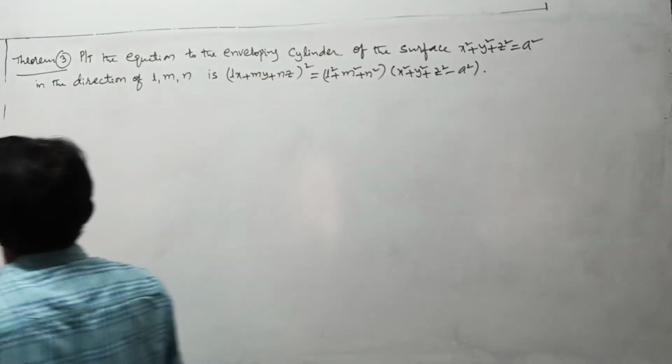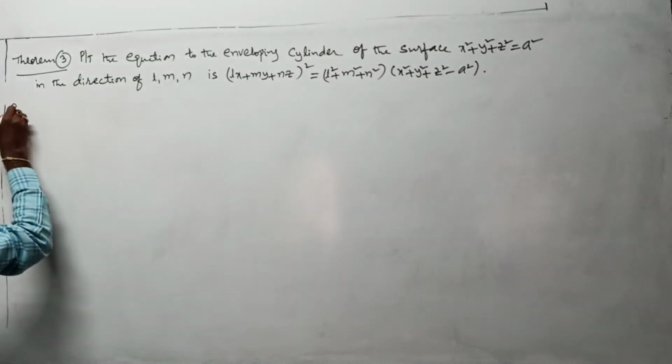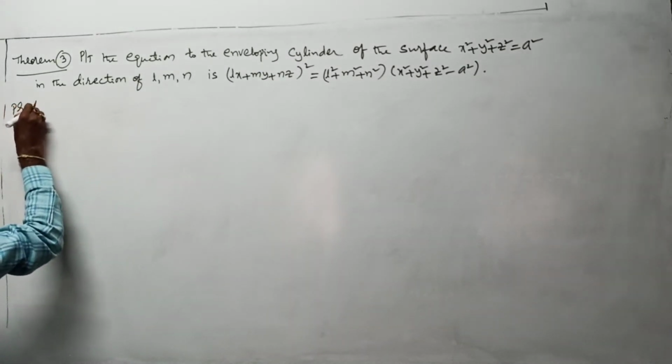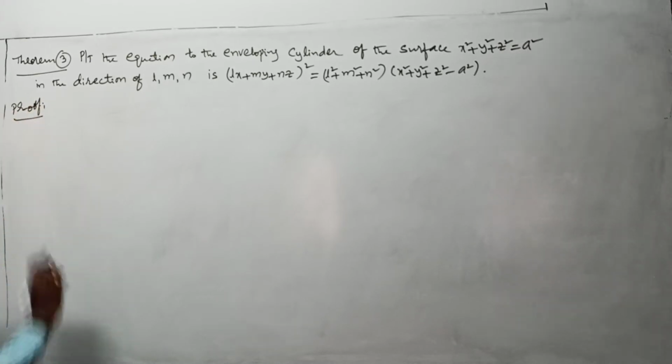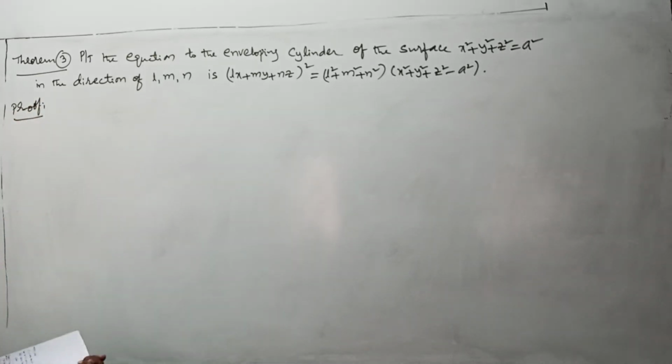It is almost the same as your enveloping cone concept. In the enveloping cone we defined the theorem, na? That same logic we have to use here, na? Right? This is your question.